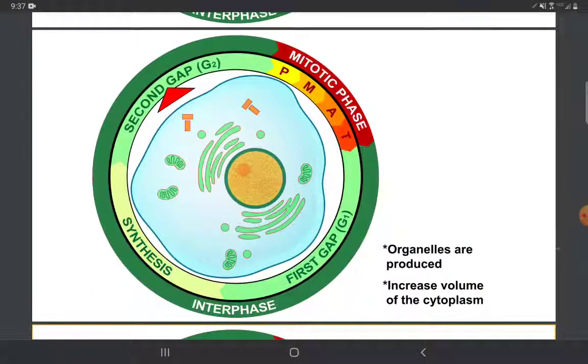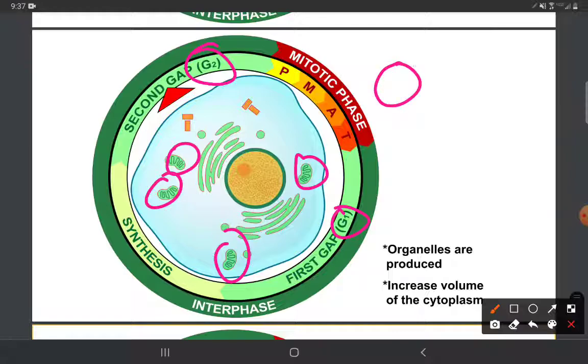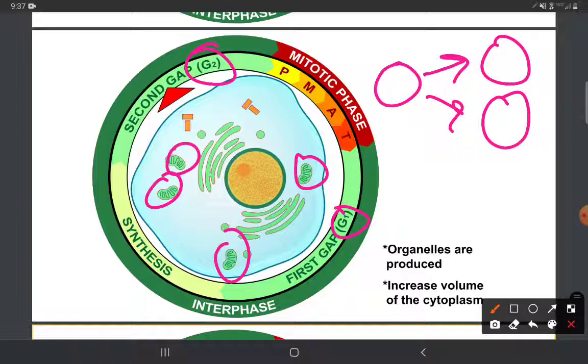Next we have G2. G2 phase is a continuation of G1. In G2 phase, more organelles are produced because one cell must become two. In addition to having more DNA, the cell must also have organelles in order for it to work.